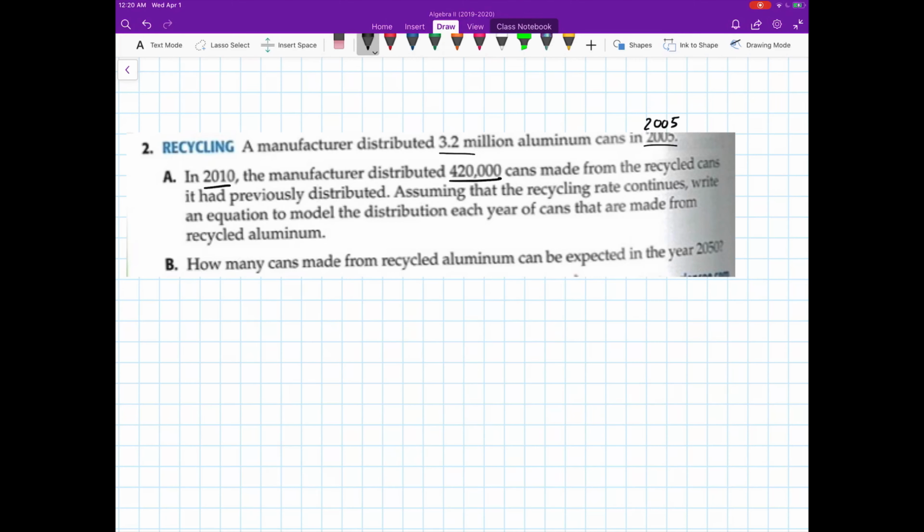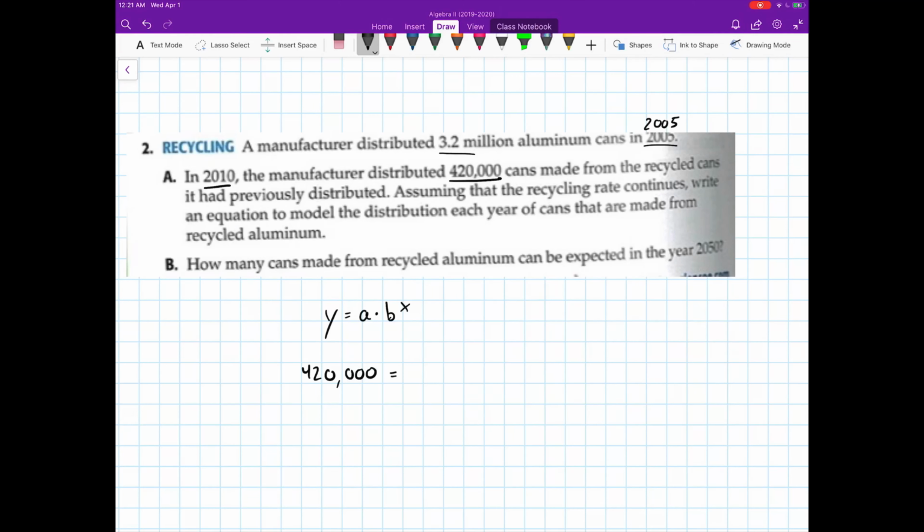But that is actually the same exact initial equation. You're just expecting your b to be less than 1. So y equals a times b to the x. Also, you have to make sure you put your numbers in the right place. In this case, the final amount is 420,000, because it's also clear it's the final amount since it's 5 years later.